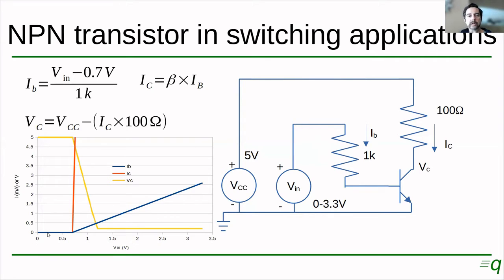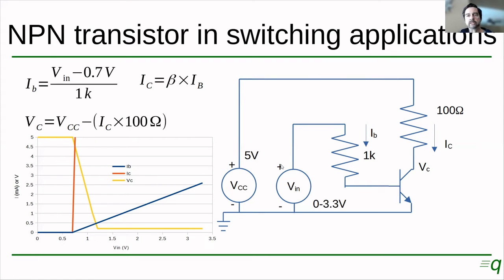So we have the blue and the orange traces overlapping here. When there's no current flowing through the collector, the voltage at the collector is going to be 5 volts because nothing is being lost on the resistor because there's no current flowing through the resistor. So that's the yellow trace over here showing 5 volts at the collector, okay?